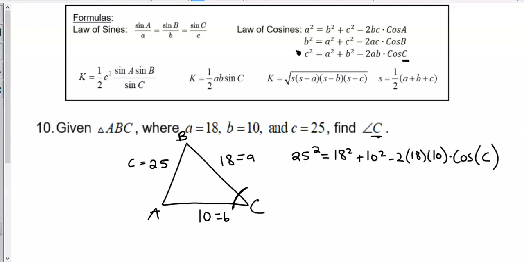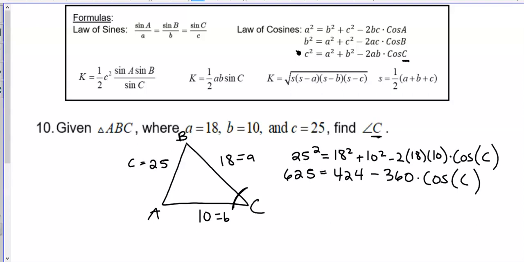From there, you're just going to simplify your number stuff. So 25 squared is 625. 18 squared plus 10 squared is 424. And then you're going to have minus 2 times 18 times 10. I did that chunk next. That's 360 times cosine of C. Now the biggest mistake people make here is they're like, oh yeah, 424 minus 360, I should do that.